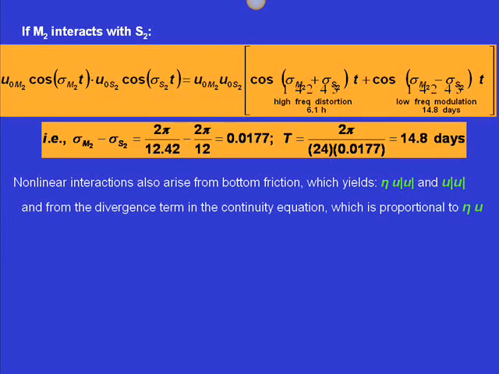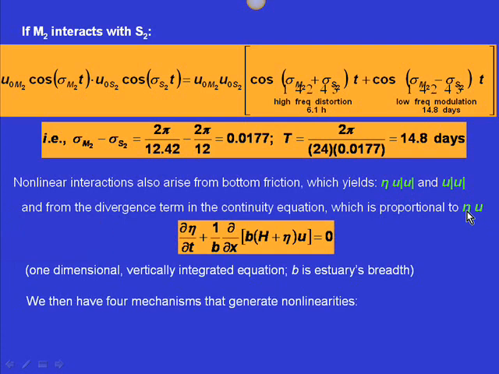You can also get nonlinear interaction from the divergence term in the continuity equation, which is proportional to the product of eta, the surface elevation, times u. Notice that in all these interactions we get at least meter squared per second, or meter squared per second squared, or meter cubed per second squared. That's why they're called nonlinear interactions.